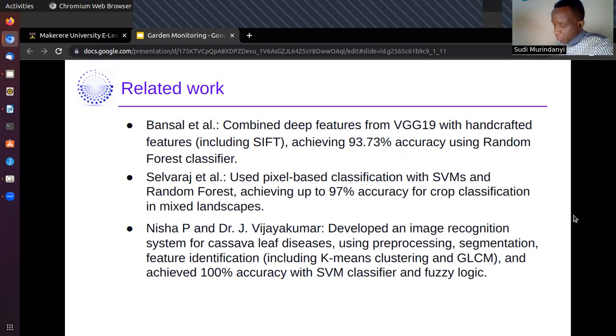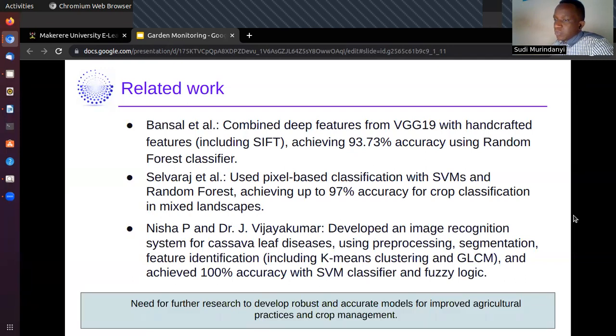So with this and many other works, we can see that they demonstrate the potential of image feature extraction and machine learning models in crop classification and detection. But we can see that there is a need for further research to develop and improve robust and accurate models for improved agriculture practices and crop management, especially in the classification area.